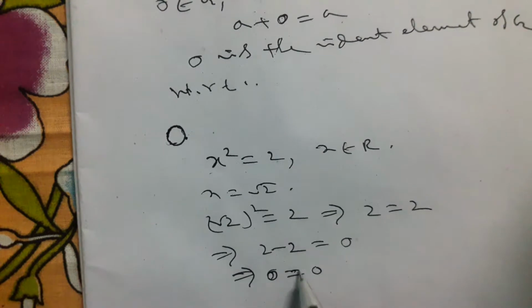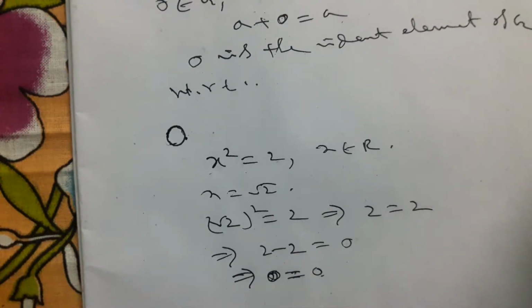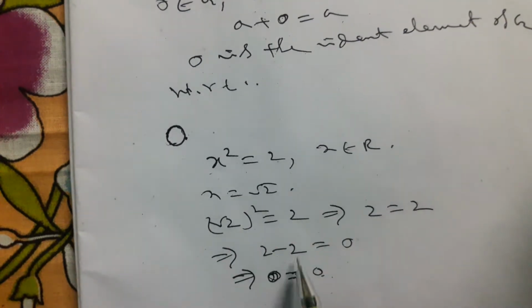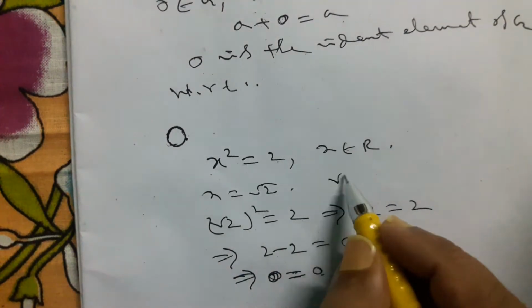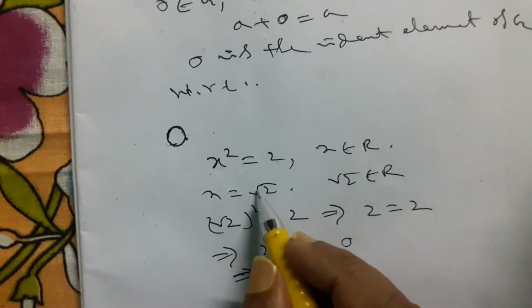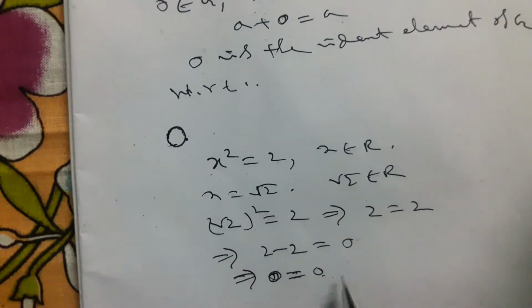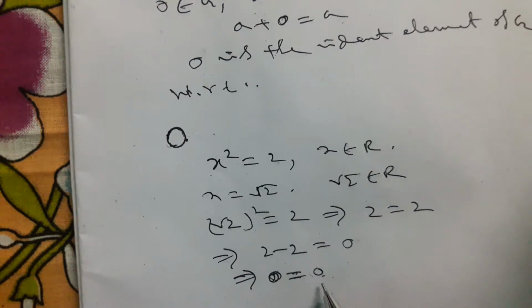So ultimately here we are using 0 equals 0, that maintains the balancing factor. But we are only finding the solution or root of the equation. That means this root 2 belongs to R, that means x is the solution or root of the equation, and this root is nothing but the 0.